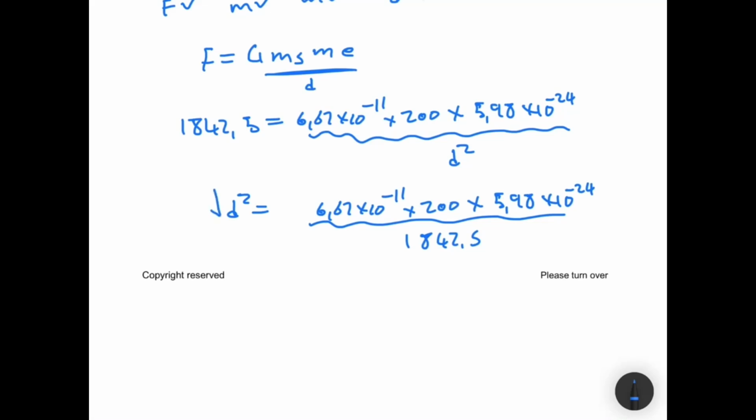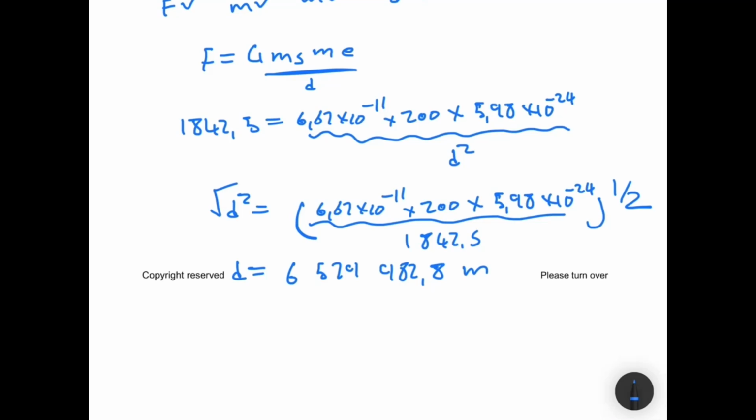So you take a square root on this side, and then you take a square root on the right hand side too, and then you're going to get a distance of 6,579,982.8 meters, right? So this is the distance between the Earth and our satellite.